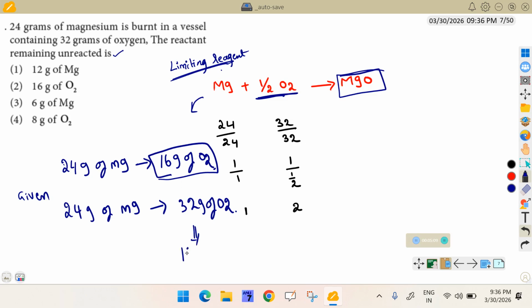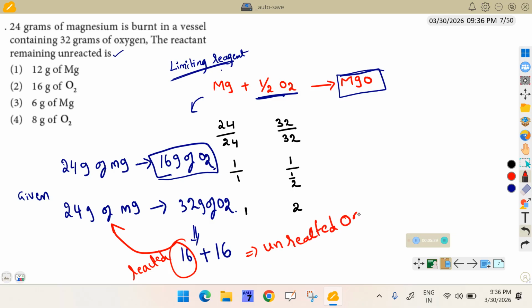That means 32 can be written as 16 plus 16. In this, 16 grams reacts with magnesium, the reacted amount. Remaining unreacted O2 is 16 grams. So the correct option is the second option.